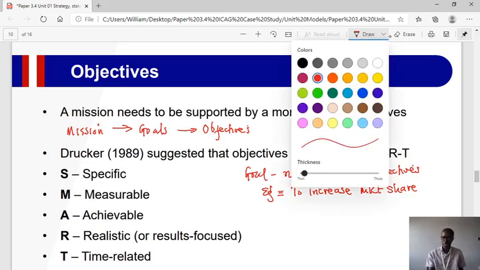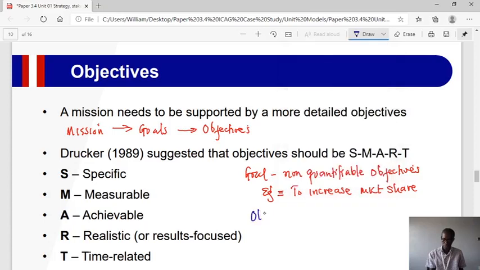Now, an objective is where the goals can now be quantified. So it is quantifiable.